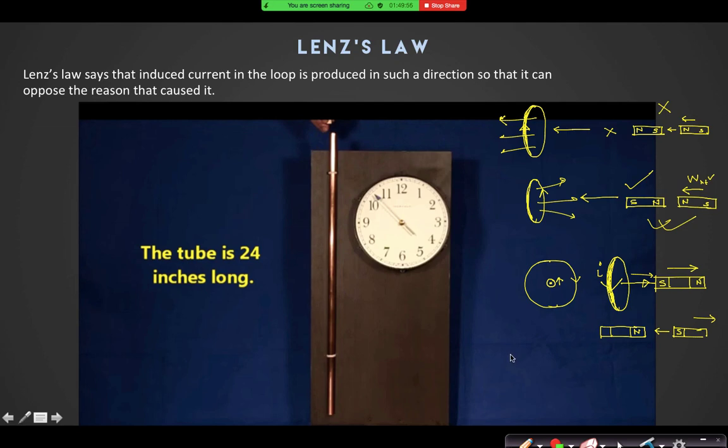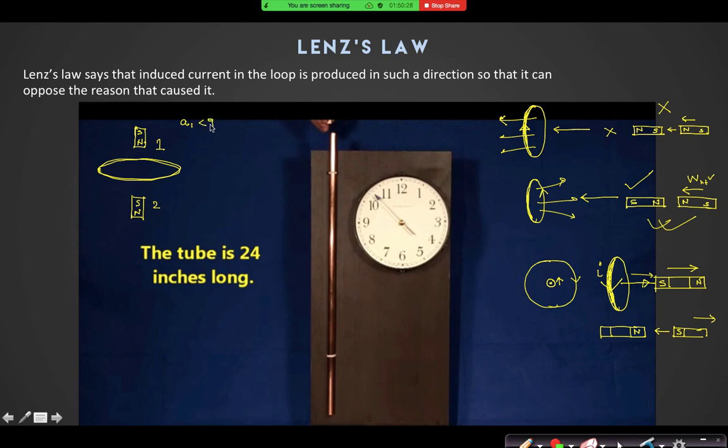Now suppose there is a coil kept here, a copper coil, and I have placed a bar magnet at the top. When the bar magnet is at this position and when the bar magnet is at this position, what is the acceleration of A1?